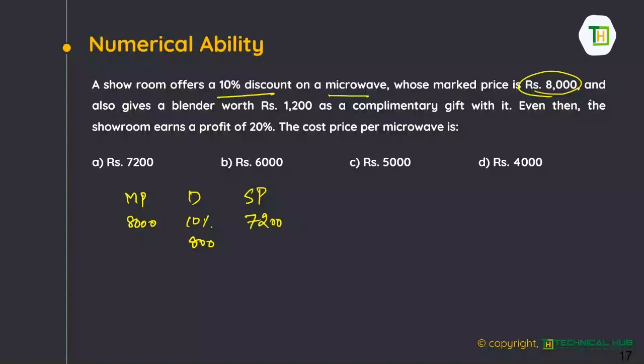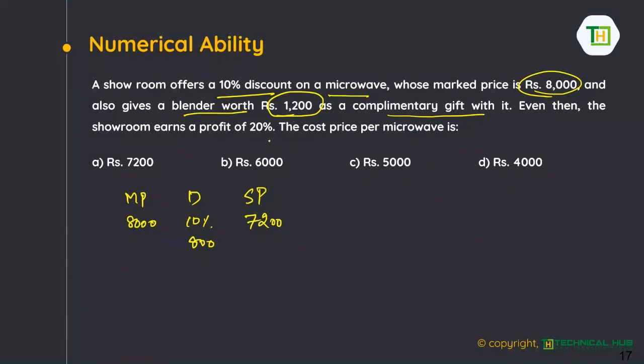7,200 is the selling price. And it also gives a blender worth 1,200 as a complimentary gift with it. And the shopkeeper is also giving a blender worth 1,200 as a complimentary gift along with this microwave. Even then, the showroom earns a profit of 20%.